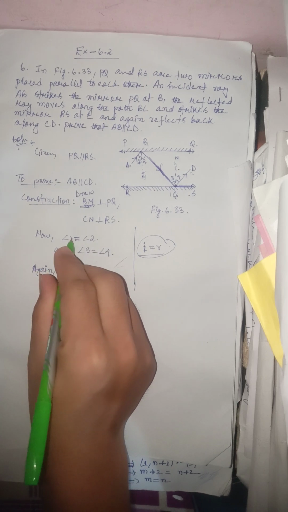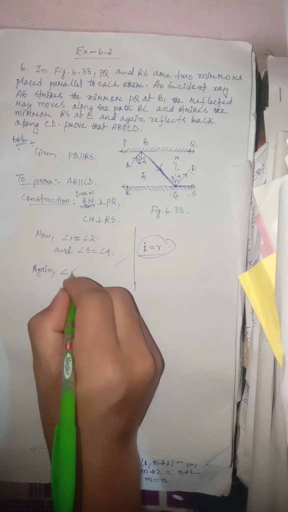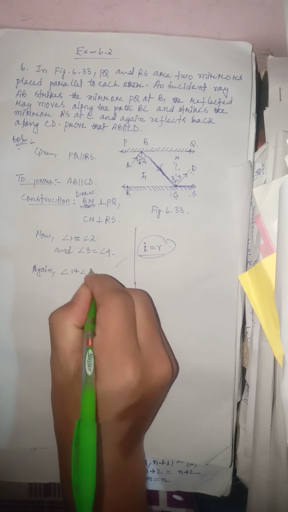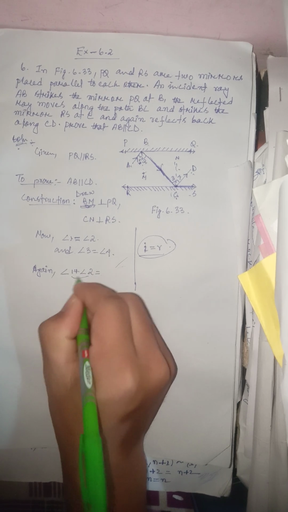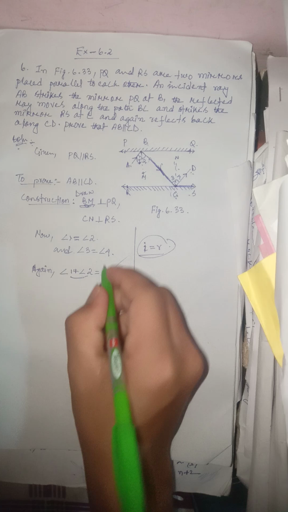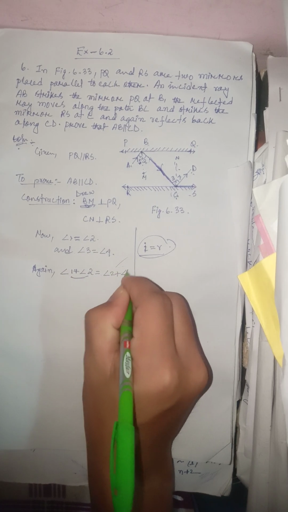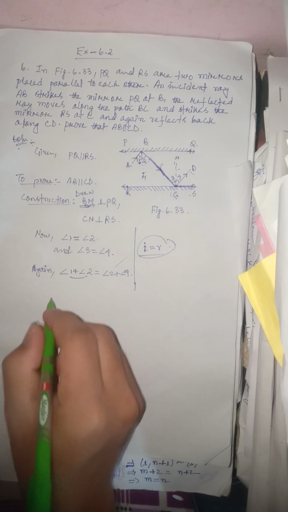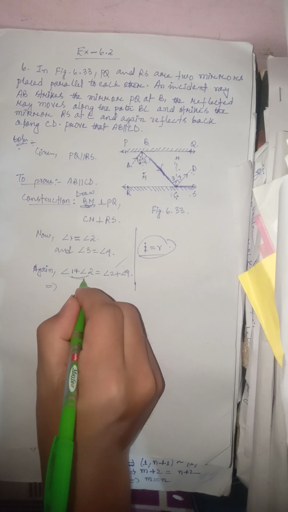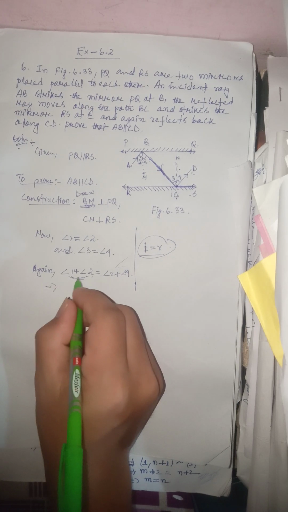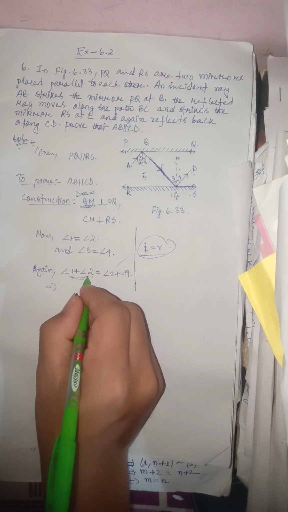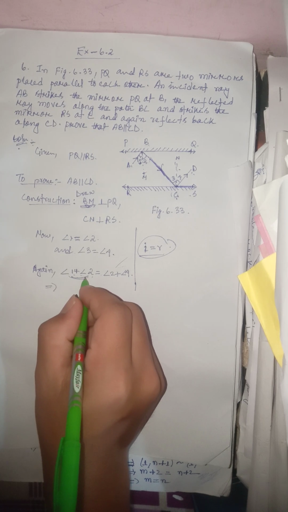Let me add this two. It is angle 1 plus angle 2, the whole angle. And after that we have angle 2 plus angle 4. Right? And what is that? Angle 1 plus angle 2. Since the two angles are the same, we can take any one.